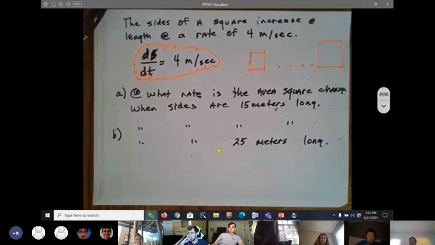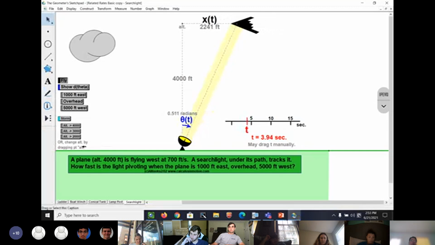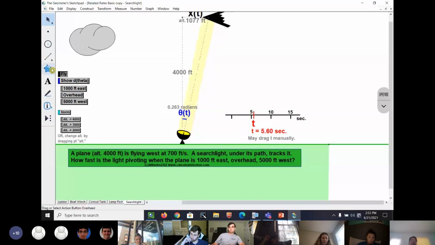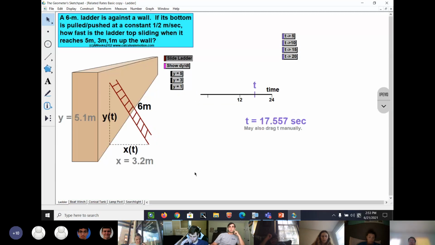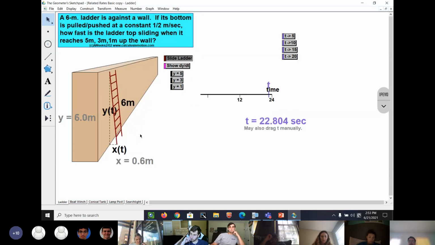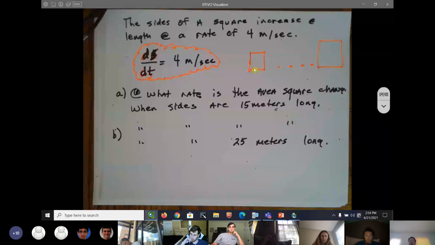So I'm just going to remind you, I don't have a square growing, but what I am going to show you, if I can remember, the ladder. Okay, this is a triangle, but the whole point is it's gradually getting up from 15 meters to what? 25 meters.